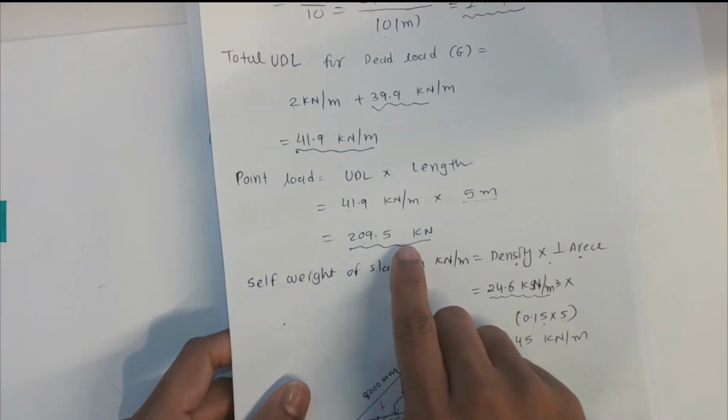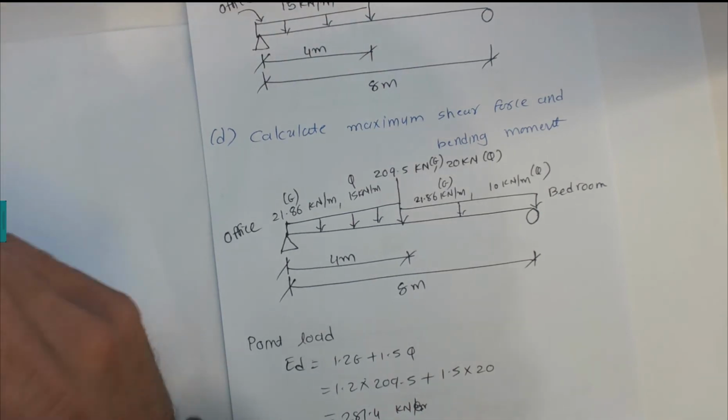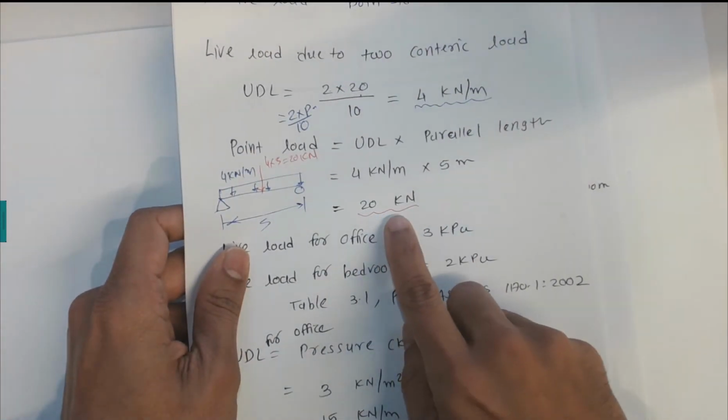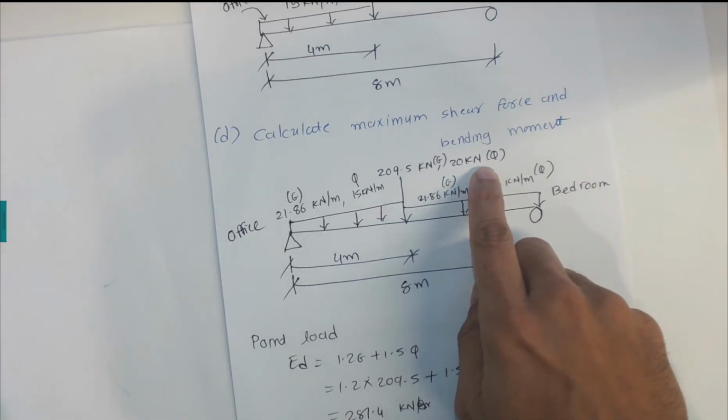We calculated the point load, 209.5 kilonewtons, that is your dead load, and 20 kilonewtons live load, which we calculated in the previous video in question B. So that is 20 kilonewtons live load.